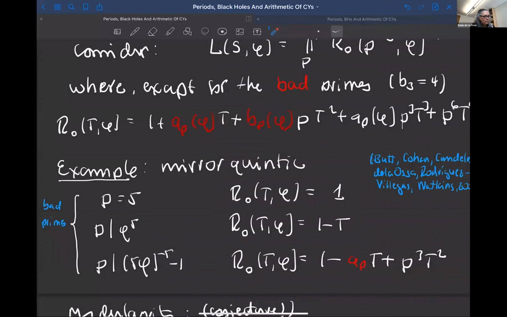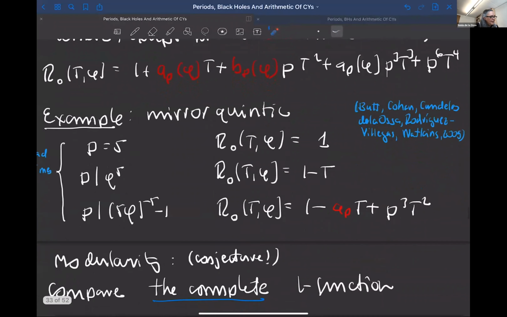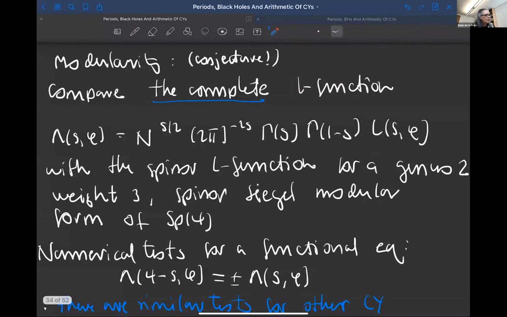And about over 10 years ago, together with this group of people, we actually studied numerically the prevailing conjecture about modularity for this function. What you consider is what's called the complete L function, which is the L function up to some gamma factors and a conductor.